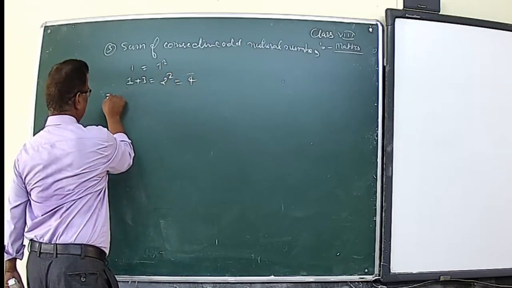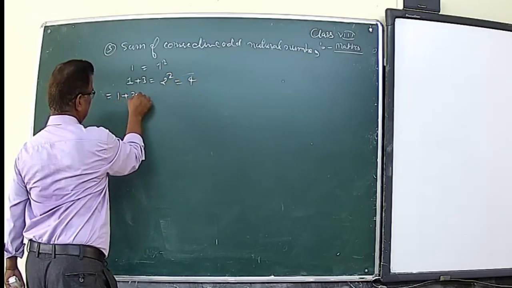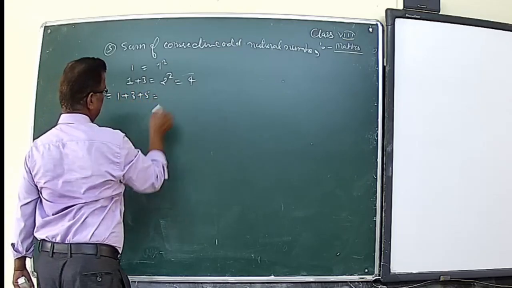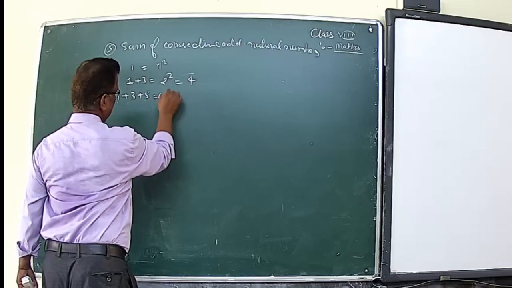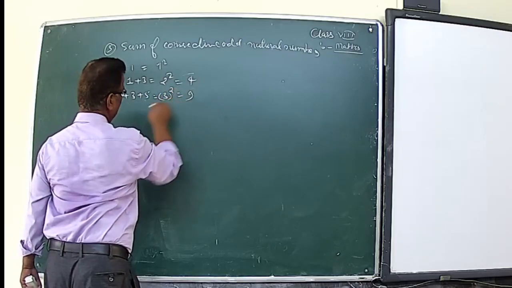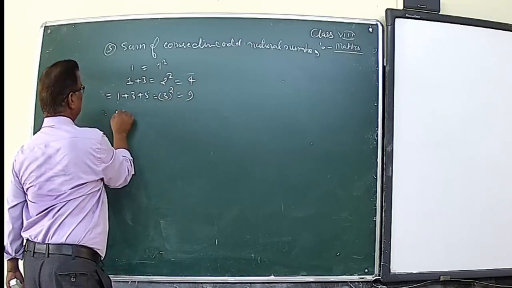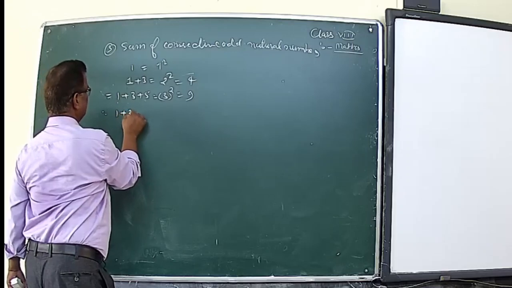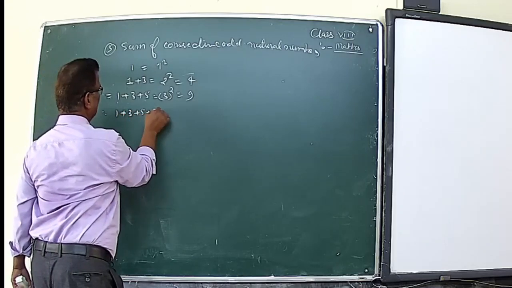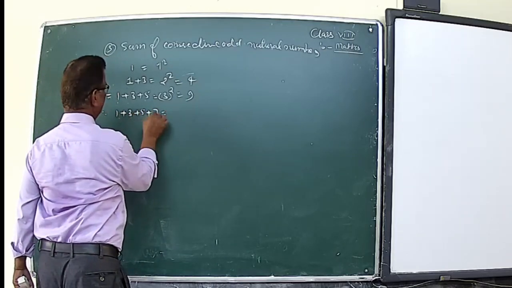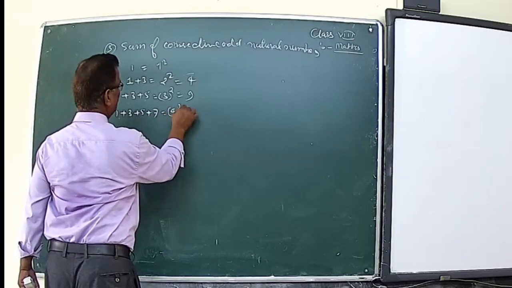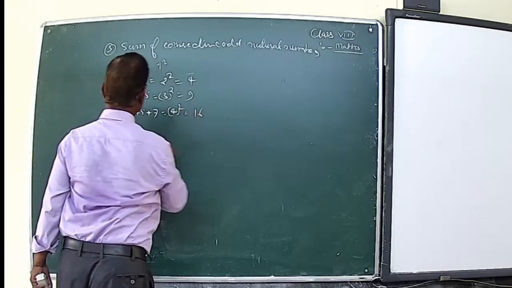If you take three odd numbers, 1 plus 3 plus 5, that is 9, which is 3 whole squared. Similarly, if you take 1 plus 3 plus 5 plus 7, that is four numbers, and the square of 4 is equal to 16.